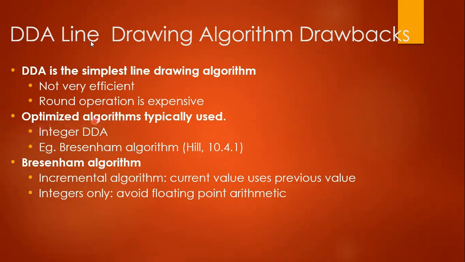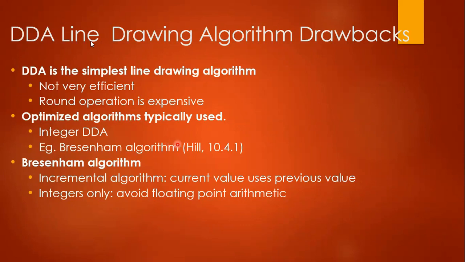So optimized algorithms typically use integer DDA. For example, you have one more algorithm called Bresenham's algorithm. Next we will see what Bresenham's algorithm is, and here the fraction calculations are not present.